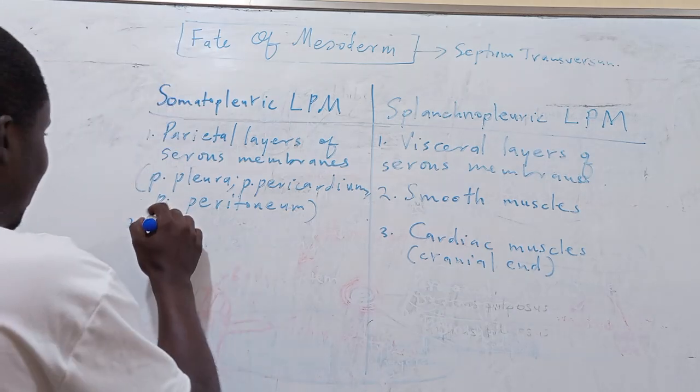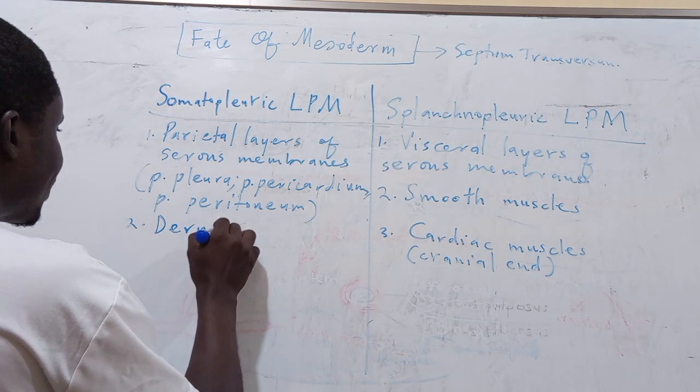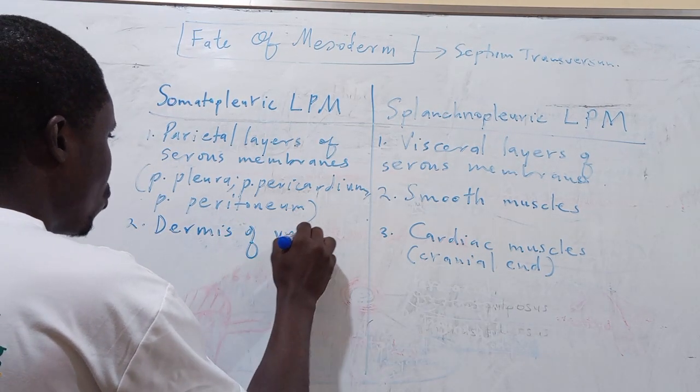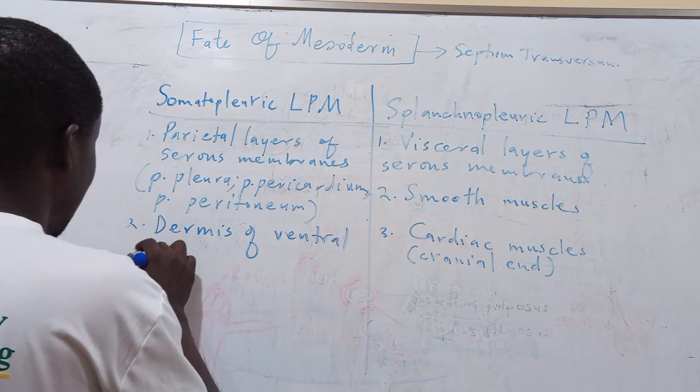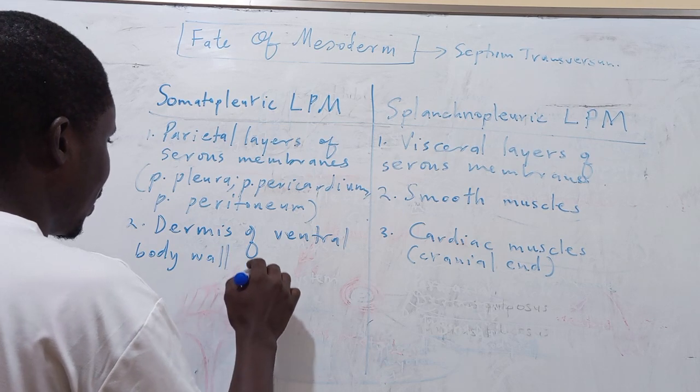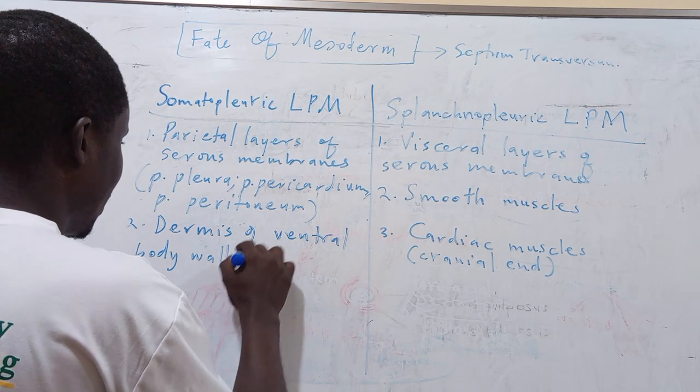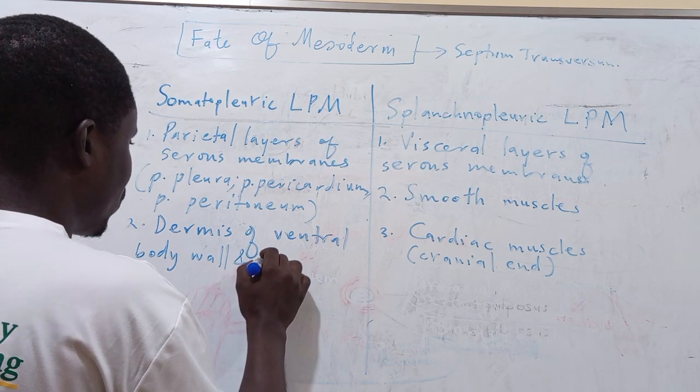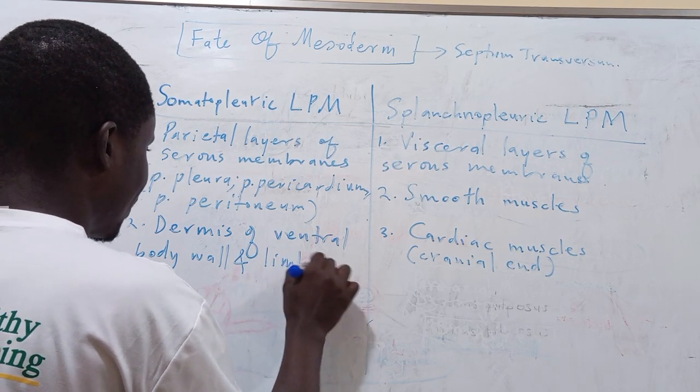So we talk about the dermis of the ventral body wall and, of course, that of the limbs.